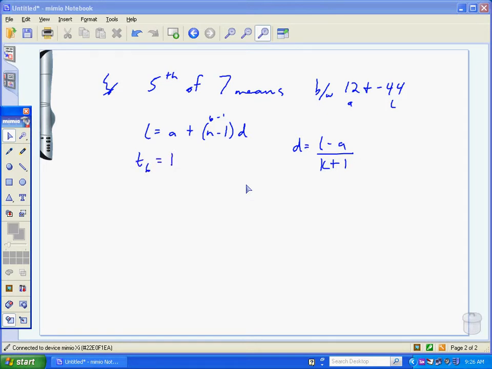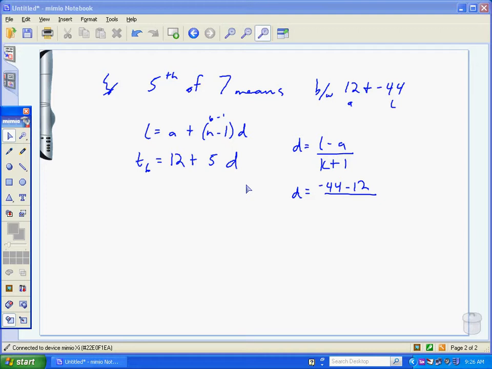And the first term is 12 plus 5 times D. There. Sorry about that, guys. So the sixth term is what we're looking for. I put the last term in. Okay. So we need difference. Here's where we plug in the negative 44. Minus 12 over K plus 1. Now, how many means are there?